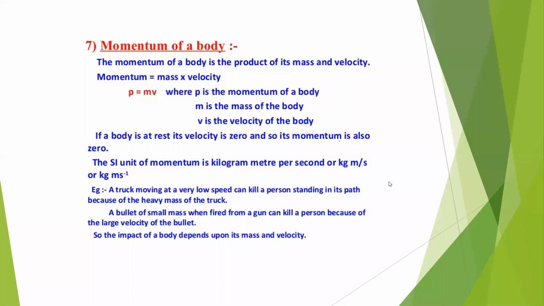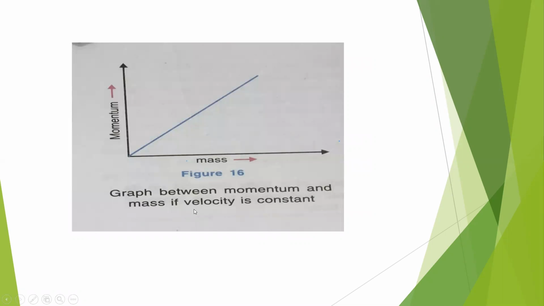So this is the momentum concept. Next we can see the nature of the graph, momentum versus mass. See here, what is the nature of the graph, students? The momentum and mass graph is a straight line.